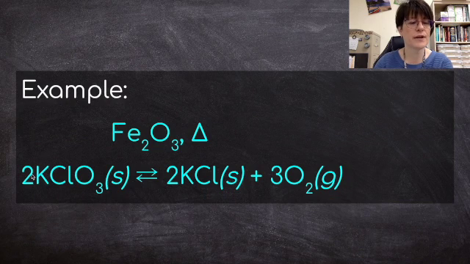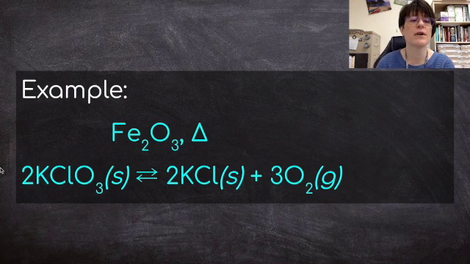Now you might be wondering why I'm putting these numbers out front here. The reason is because these are balanced equations. I'm going to show you in the next video how to balance an equation, but these numbers are out front because if we wrote it without the numbers, we would not have the same number of atoms on the left with the reactants as we would on the right with the products.